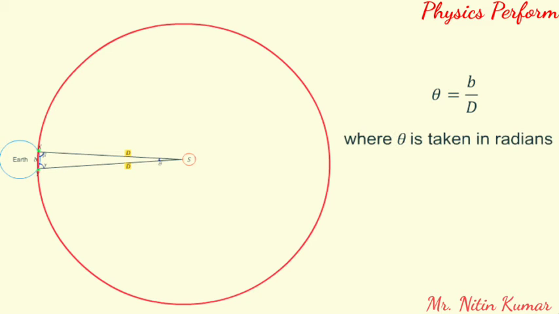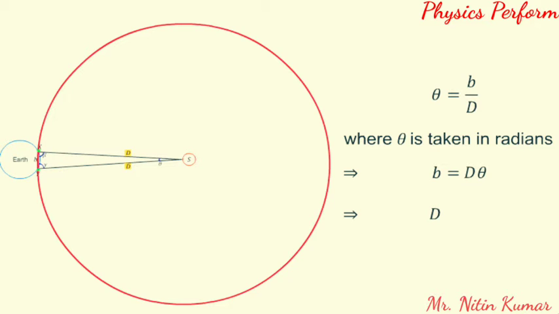Thus, basis b is equal to d theta. This implies that the distance of the planet d from the Earth is the ratio of b to theta.